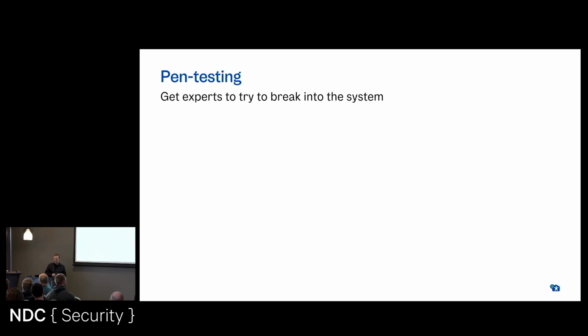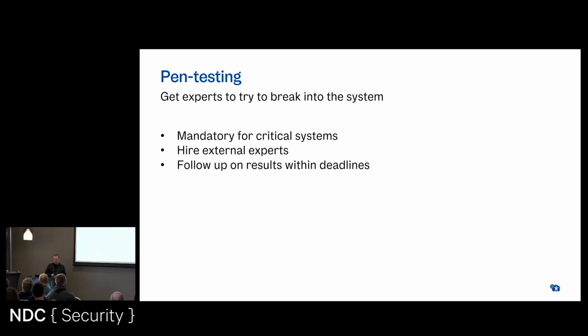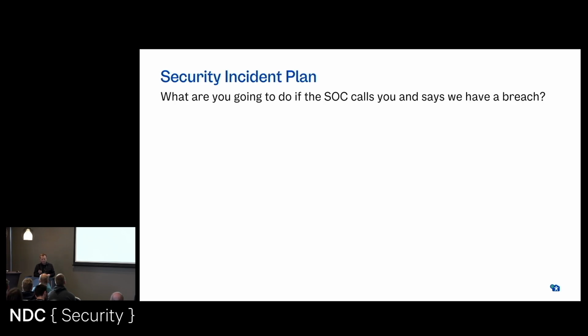Pen testing is something we do for the critical systems. We get external experts to do that for us, and again, very important to follow up on whatever they might find.